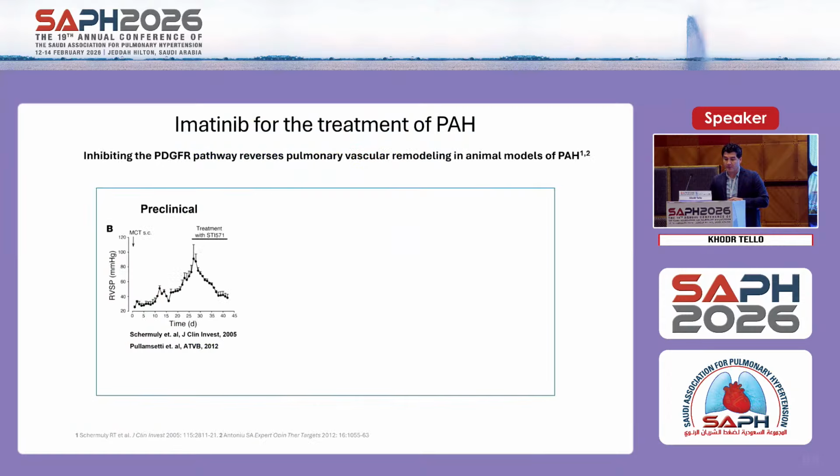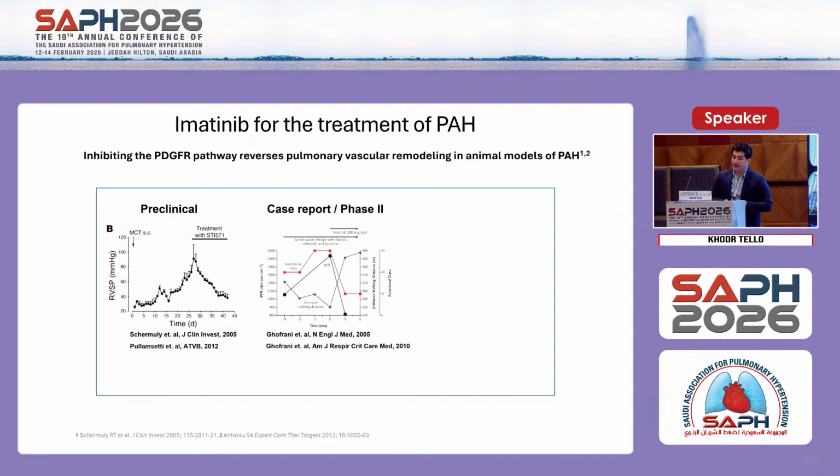Ralph showed, as did Paul Yu, that inhibiting the PDGFR pathway reversed vascular remodeling, so it is able to treat precapillary PH. Ardeschir again showed this on the clinical side with his case report in the New England Journal, showing that PVR dropped.